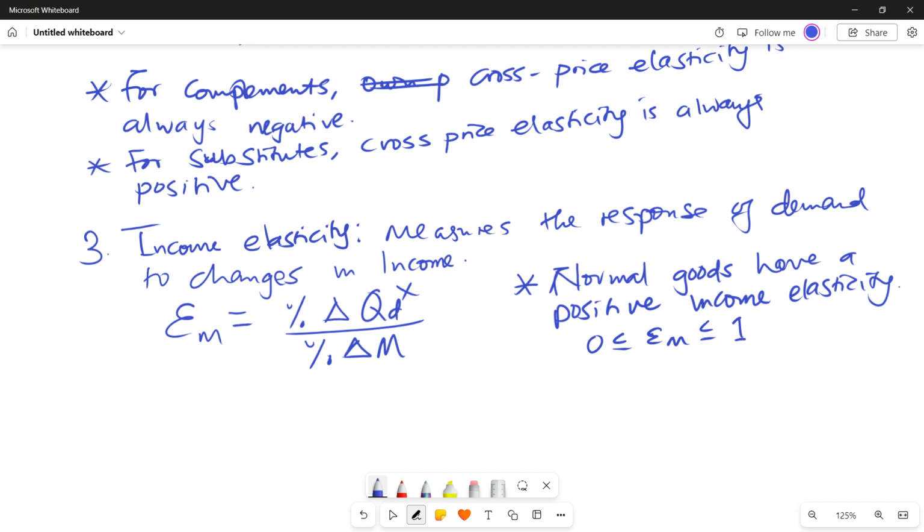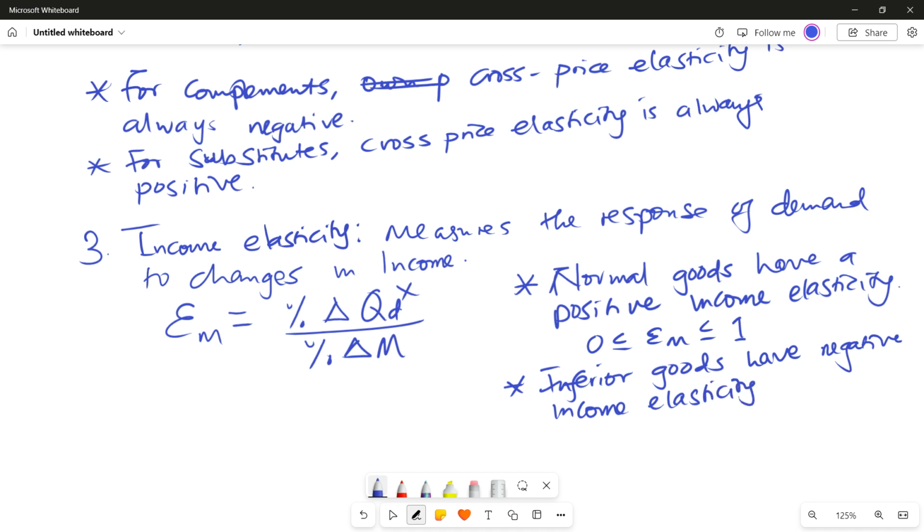And then the opposite of a normal good is an inferior good. Inferior goods have negative income elasticity. So by definition, if our EP is less than 0, then it means that we're dealing with an inferior good.